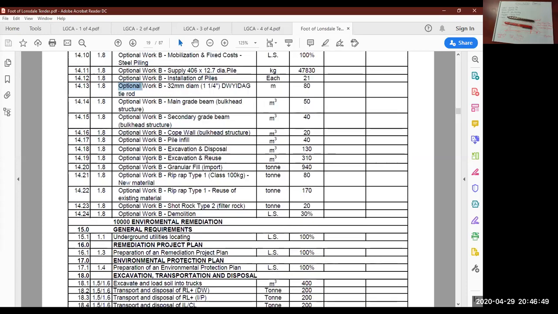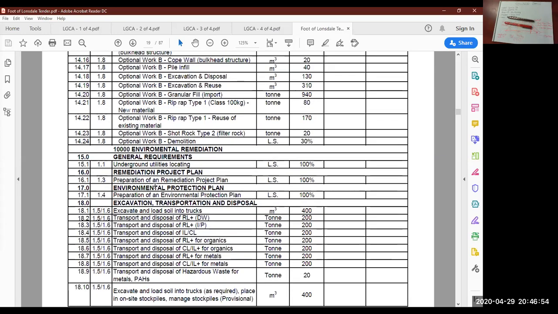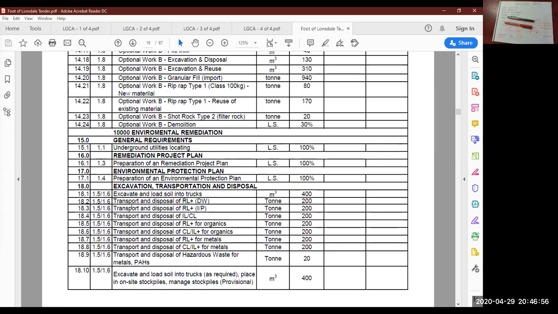So you should be aware of that. All sorts of excavation of contaminated materials. That's what all these are.